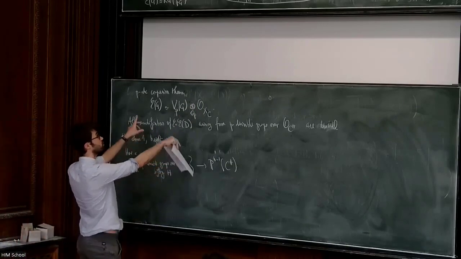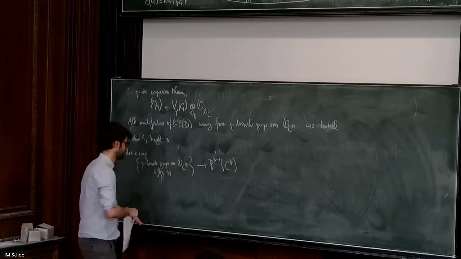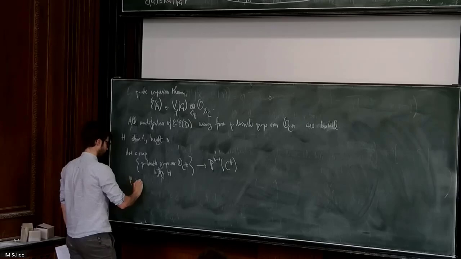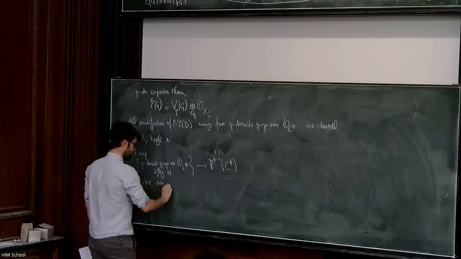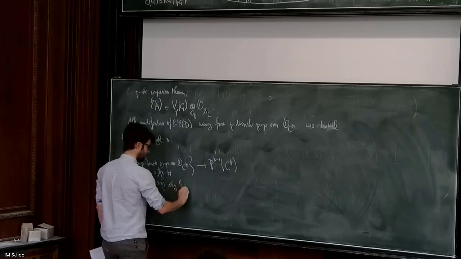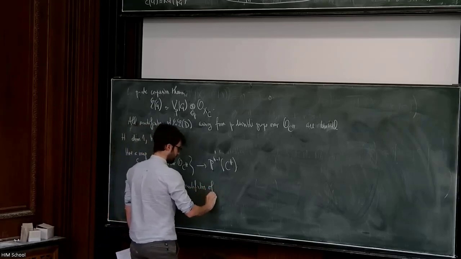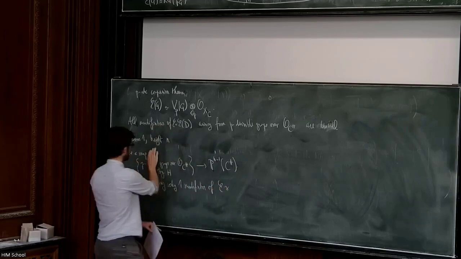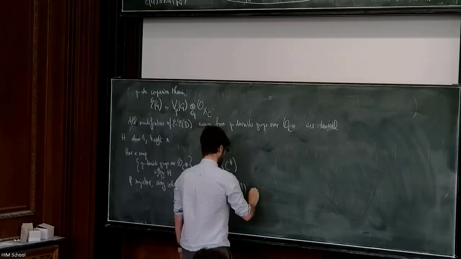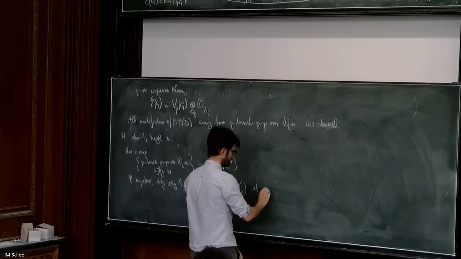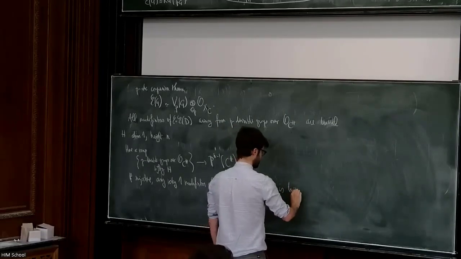And what we deduce from these considerations is that if we know that this map is surjective, we conclude that any degree 1 modification of E, which because of the assumption on H is just a vector bundle O(1/n) at the point corresponding to C sharp, is trivial.